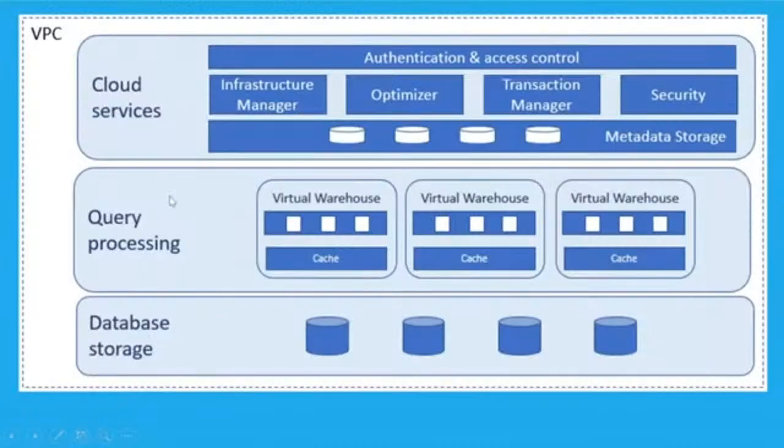I will tell you. This query processing layer is the virtual warehouse, which is a compute layer, and these are hardware resources for your Snowflake. It is required to process all the requests in your Snowflake.